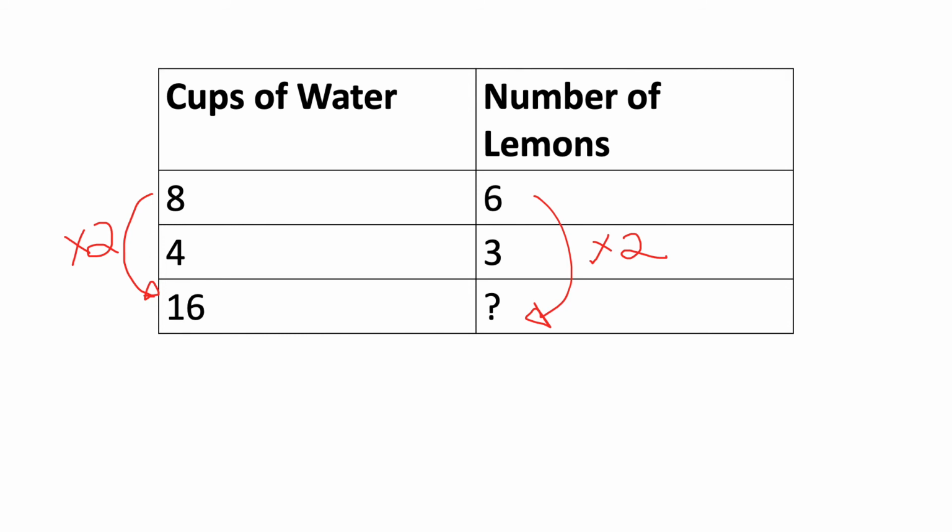So we can also use the ratio of 8 to 6 to figure out how many lemons we would need. This time we would need to multiply the 8 times 2 in order to come up with 16, because 8 times 2 is 16. So I would also need to multiply the 6 times 2.